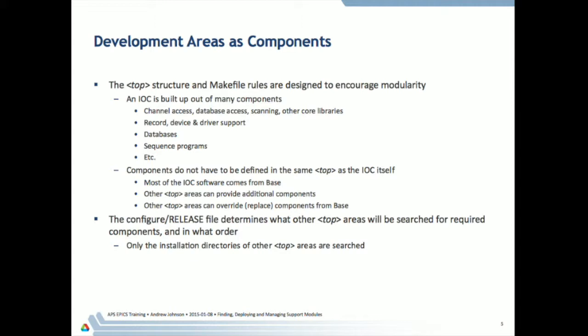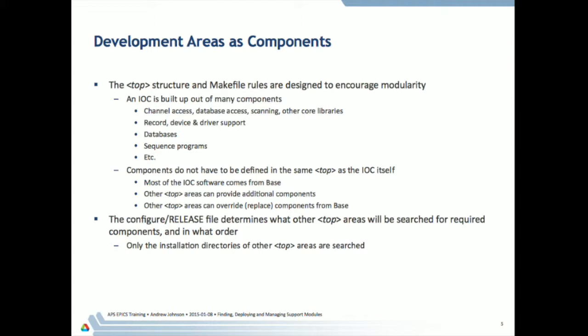So if there's another definition, say, of the menu scan.dbd that appears before the version in base, you can actually add new scan periods and create new periodic scan tasks by putting a new definition for the menuScan.dbd in advance of the one, i.e. higher up in your release file than EPICS base.